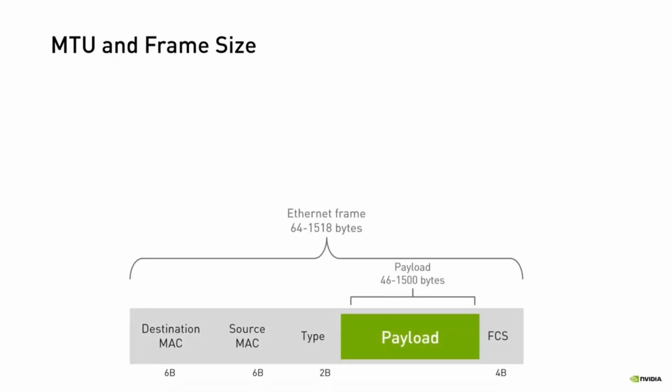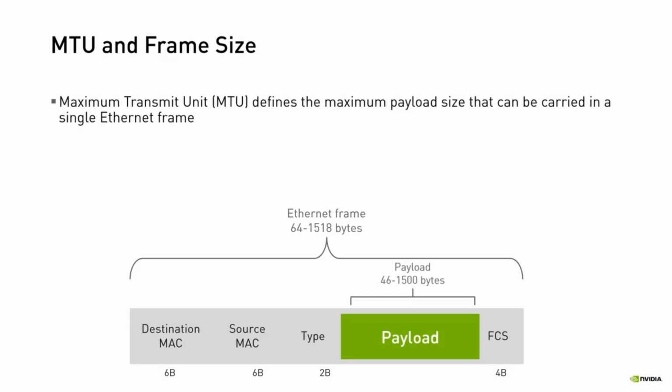We've just seen the structure of a standard Ethernet frame, which is composed of a payload encapsulated with a layer 2 header and trailer. In addition, the standard also defines that the payload size is in the range of 46 to 1500 bytes. The maximum payload size is also referred to as the maximum transmission unit, or MTU. Frames with more than 1500 bytes payload are considered jumbo frames.